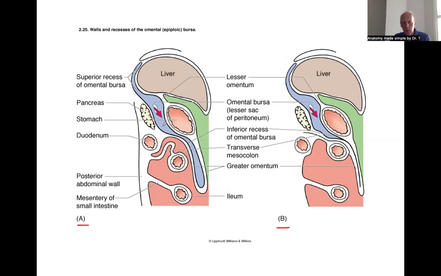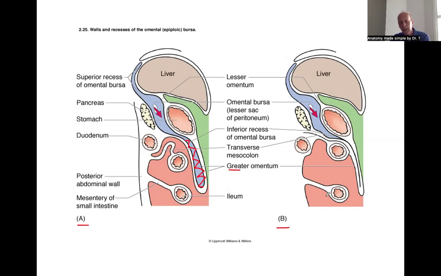Diagram A shows it earlier in life during the fetal stage of development, and now you can see how the blue color extends further inferior to the stomach from this point on all the way down. And that is getting into part of the peritoneum that's called greater omentum.